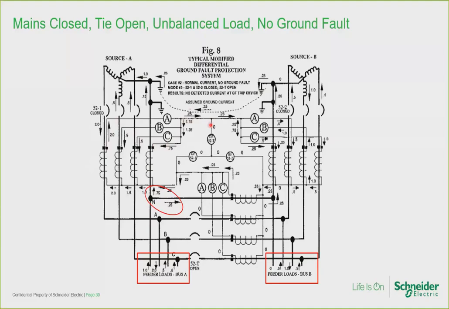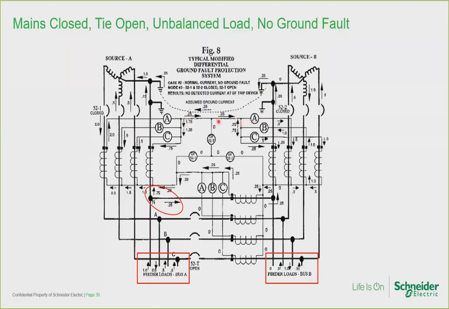A similar analysis of the CT primary and secondary currents through the main breaker B CTs would show that 0.25 per unit residual current flows into the CT secondary summing node.